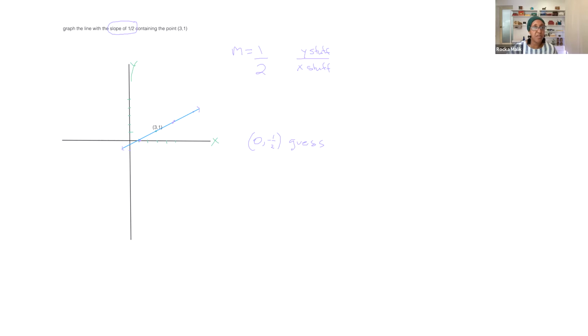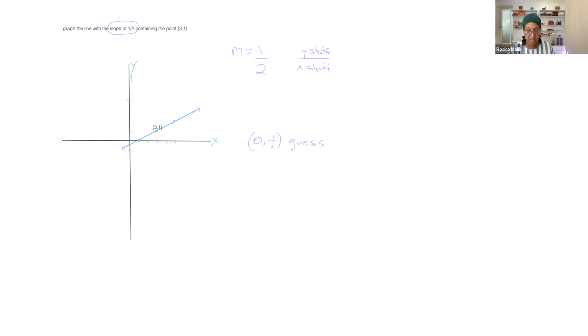So this point you said was 1 up and 2 to the right of it. So 1 up from the 1 is 2. And 2 to the right of 3 is 5.